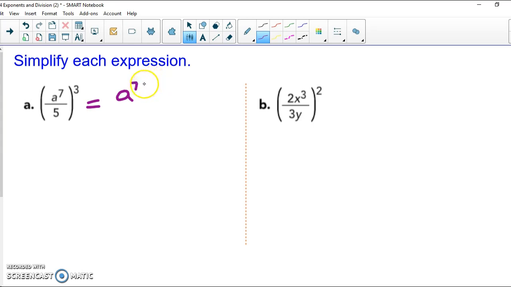So I can multiply because I'm doing power of a power. And in my denominator, I'm also going to raise this to the 3rd power. So a to the 7 times 3 would be a to the 21st power over 5 to the 3rd power. 5 times 5 is 25. 25 times 5 is 125.